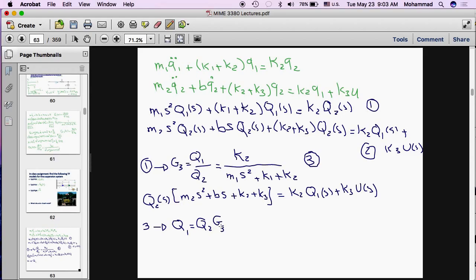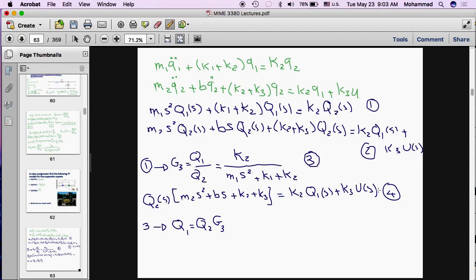I'm not going to repeat that ratio, but that ratio is K2 divided by M1 S squared plus K1 plus K2. Do you agree? Okay, now I can take advantage of this and get rid of Q1 in equation number 4. So we are going to call this equation 4.